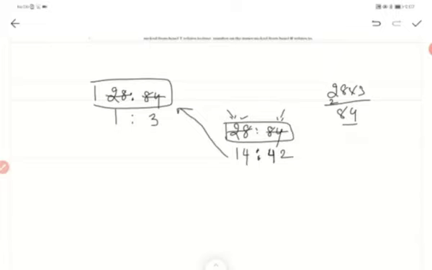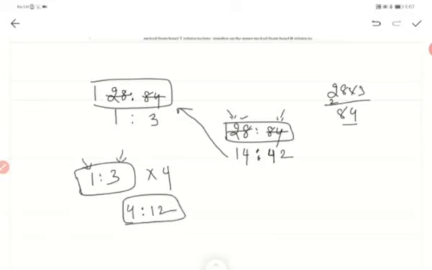Now if I take 1 is to 3 and multiply this ratio with 4, both antecedent and consequent, I get 4 is to 12. So 4 is to 12 is also an equivalent of 1 is to 3, and also of 28 is to 84, and of 14 is to 42.